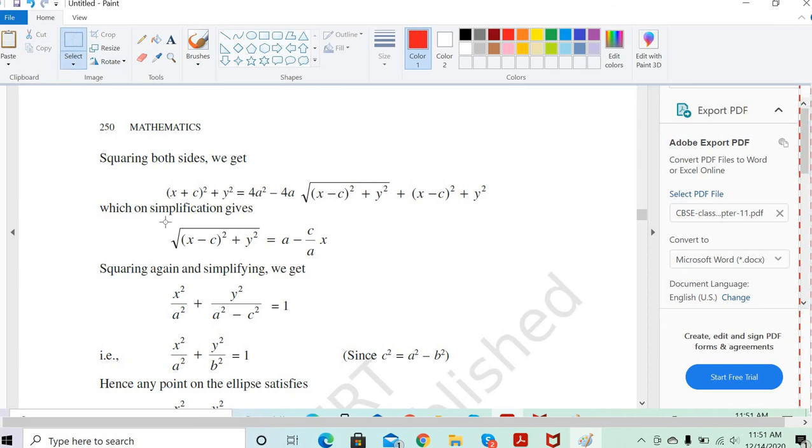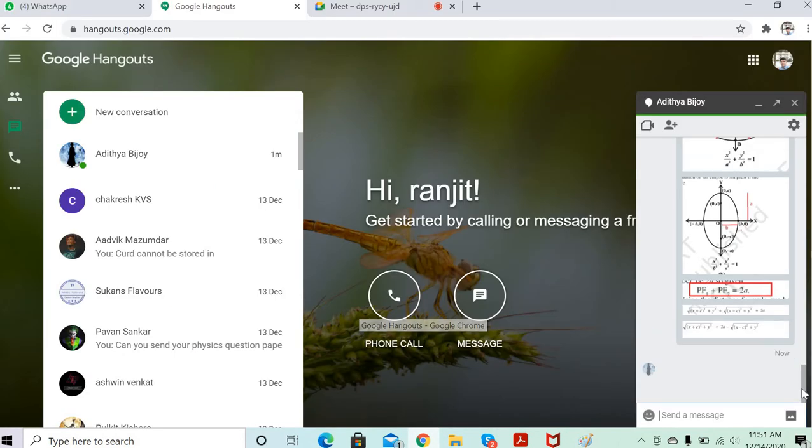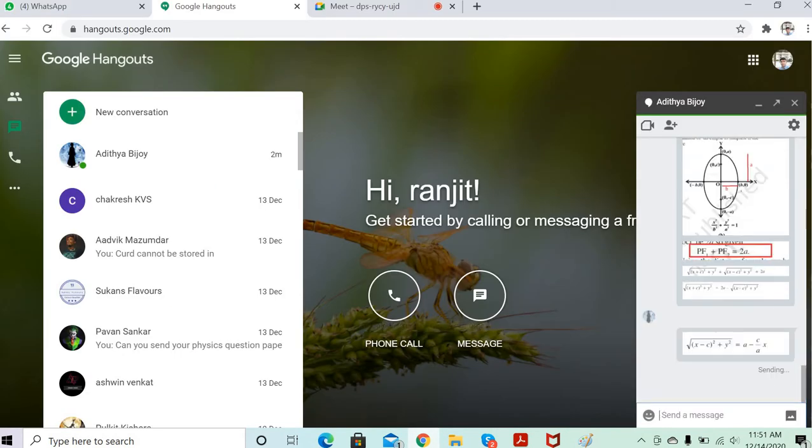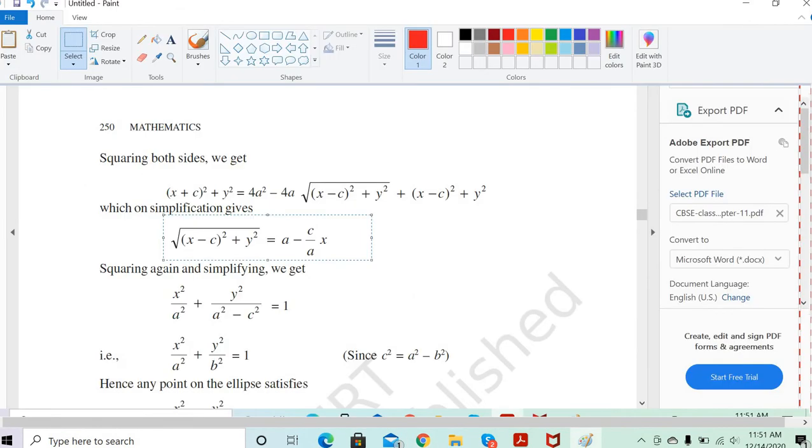When you cancel the terms, you should be able to get this: the square root of x minus c whole square plus y square is equal to a minus c by a x. See if you get the same thing or not.